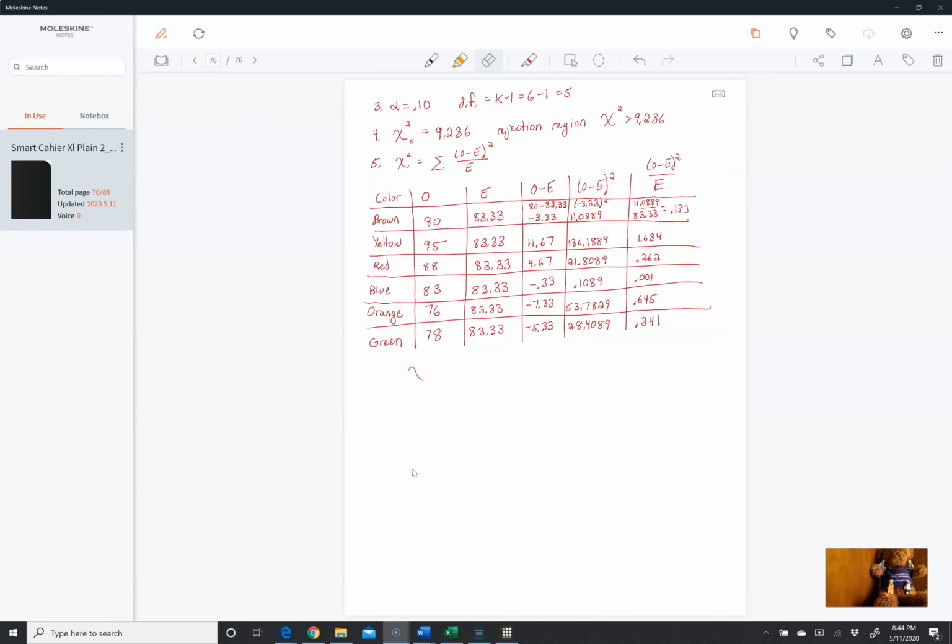So, our chi-squared, we just take the sum of that last column. We're adding together all of those numbers. That's what the sigma means. And we get 3.016. I put plus, I meant equals.